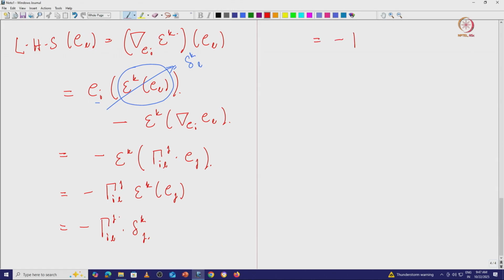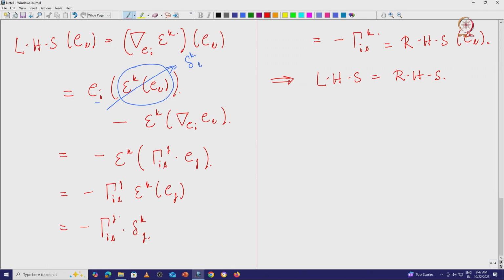So this is going to be minus gamma ILK, which, if you remember, was the same thing as the RHS applied to EL. So for any basis vector EL, the LHS applied to EL is the same as the RHS applied to EL. This implies that as one forms, the LHS is equal to the RHS, and we are done.